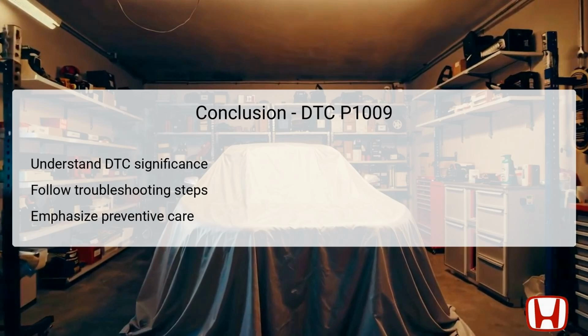In conclusion, understanding DTC P1009's significance is vital for Honda Accord models from 2008 to 2012, as it directly relates to VTC system performance. Following the outlined troubleshooting steps methodically allows for a comprehensive diagnosis of the issue, ensuring all potential root causes are evaluated.